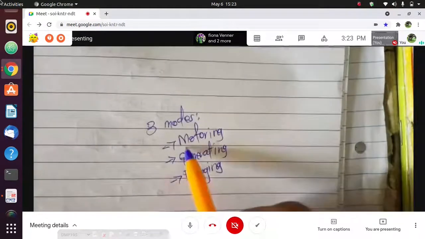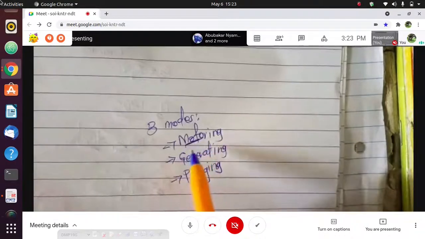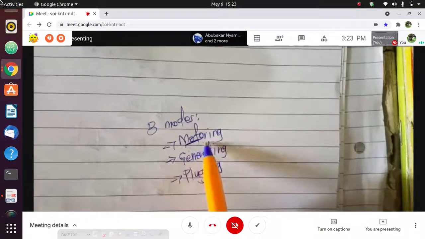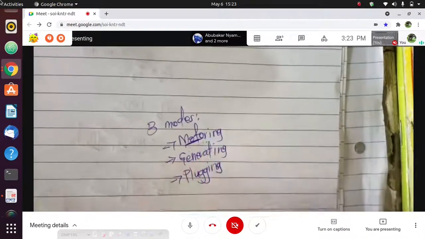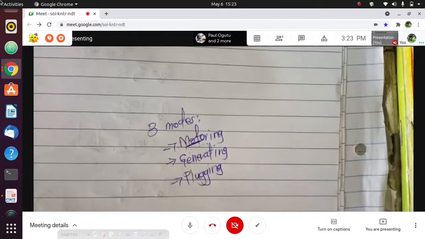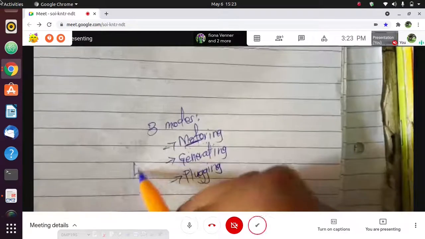Now, for motoring, when the stator terminals are connected to a three-phase supply, the rotor will rotate in the direction of the magnetic field. Why? Because there will be an induced voltage in the rotor circuit, and if that circuit is closed, a current is produced. That current will produce a magnetic field which will interact with the rotating stator field, and then this rotor will follow the direction of that rotating field in the stator because of Lenz's law.